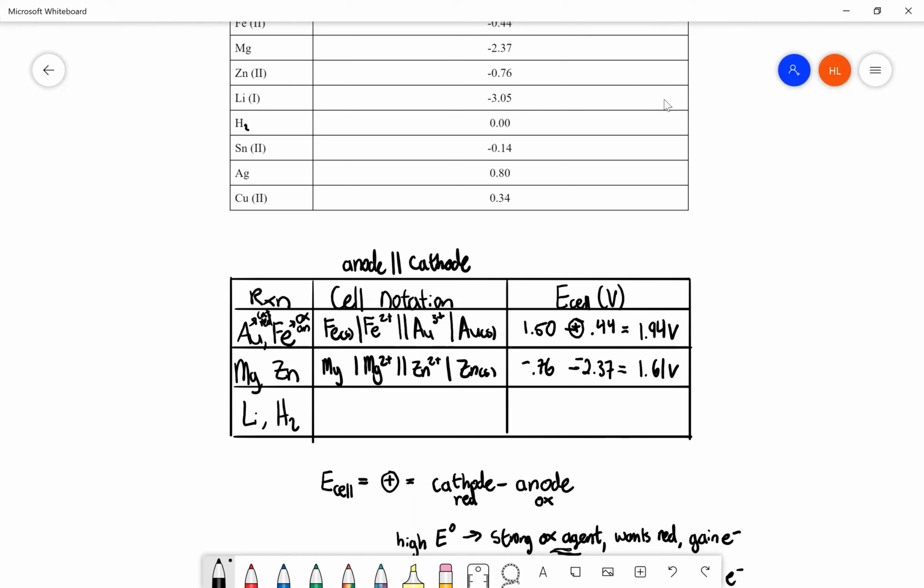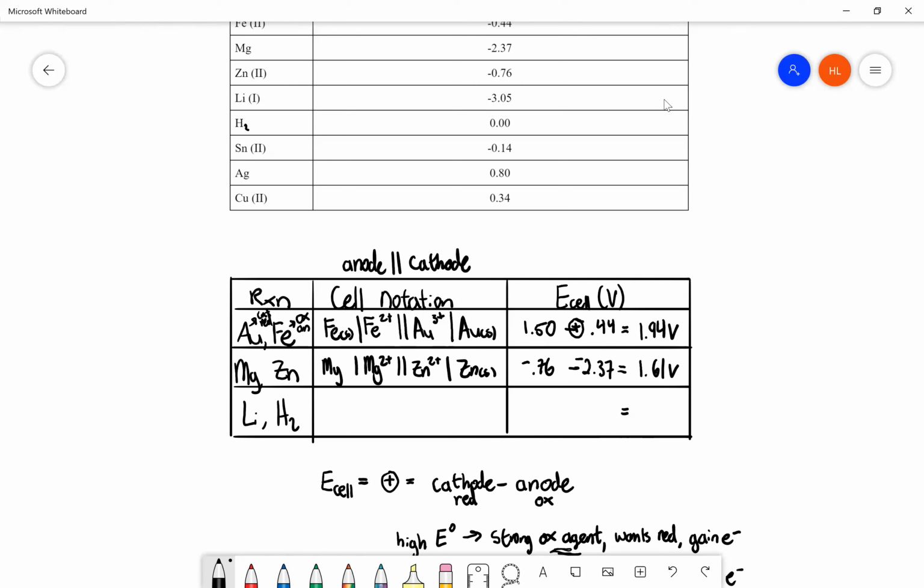Our third seems to be lithium and hydrogen. As you know, hydrogen is the basis of all standard reduction potentials, so hydrogen's standard reduction potential would just be 0. In this case, lithium is -3. Lithium having a standard reduction potential of -3, a very large non-positive number, would probably want to be oxidized, making it a good reducing agent.